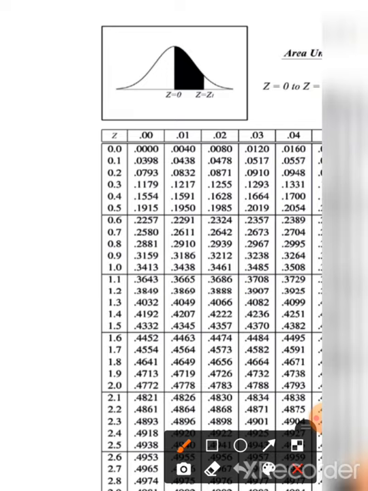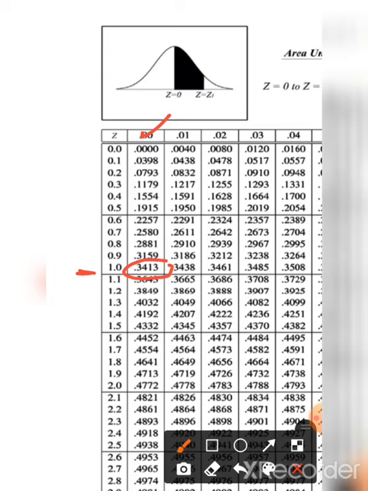We are going to look at the column of z. 1 is over here, and there were no decimal numbers, so we can consider 1.00, and we look at this 00. Where the column and the row intersect, on this number, the value is 0.3413, the same answer we just got in our last example.